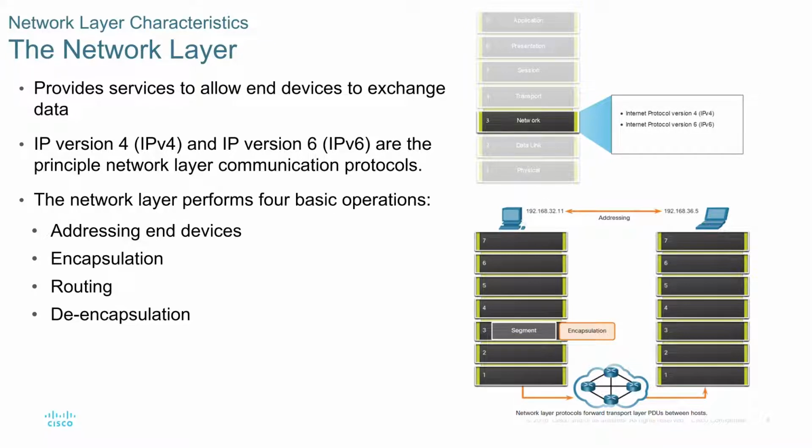It also controls routing and de-encapsulation, as when a packet enters a router, the router being at layer 3 and the frame coming in being at layer 2, the router will de-encapsulate the layer 2 information, basically stripping it off so it can examine either the IPv4 or the IPv6 addressing to determine which path to put the packet on to get to its end destination.